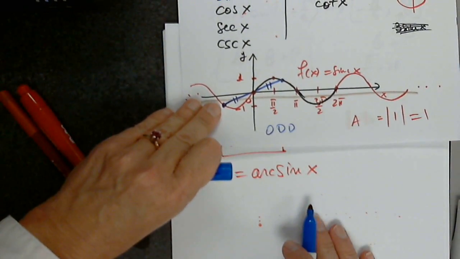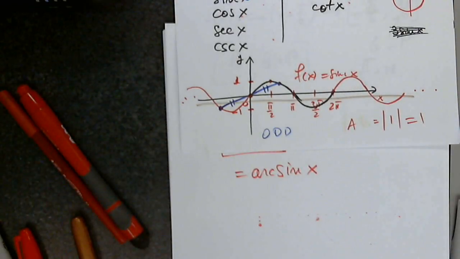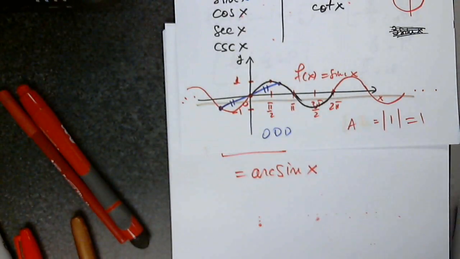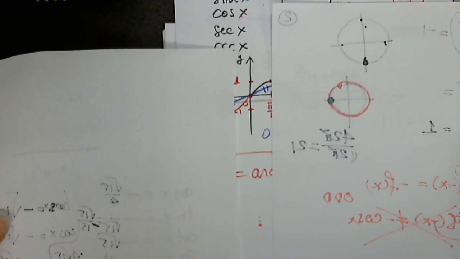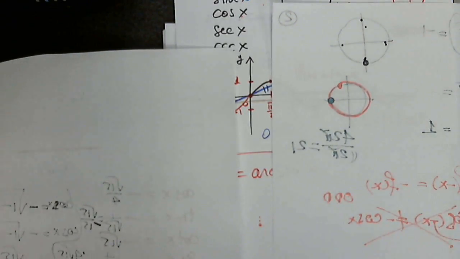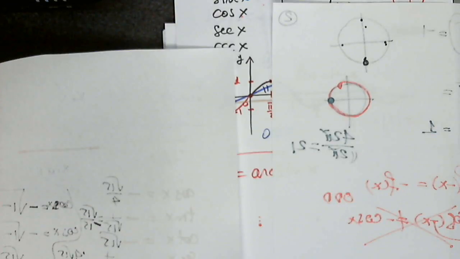So now, because we want to define this function, here's what we're going to do. We're going to say, which is false, it's not true, that sine is not defined on all real numbers. We know it is, right?